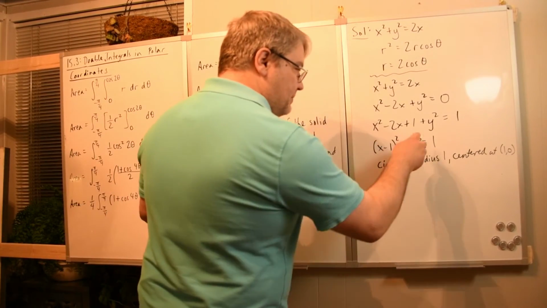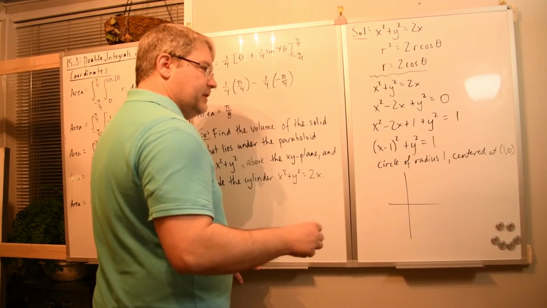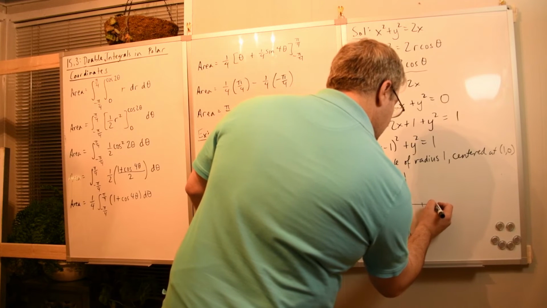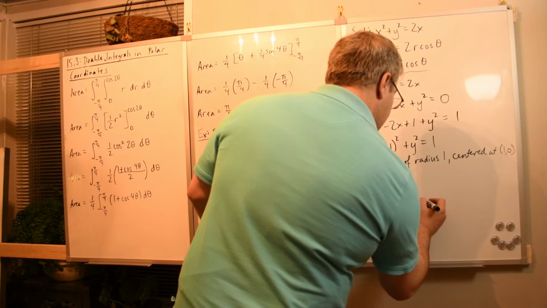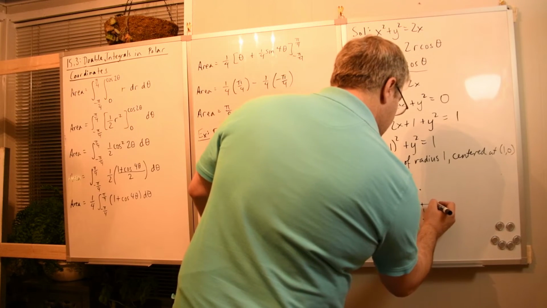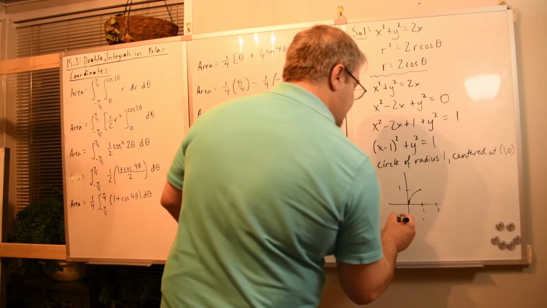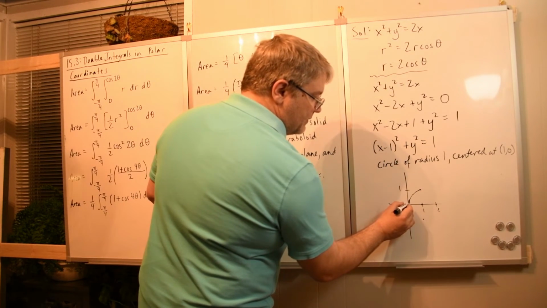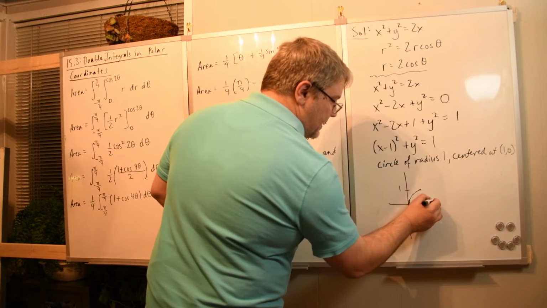Well, if you think about this circle, radius 1, centered at (1, 0), what you may notice is that the circle is going to get traced out as you go from negative pi over 2 to 0 and then to positive pi over 2.